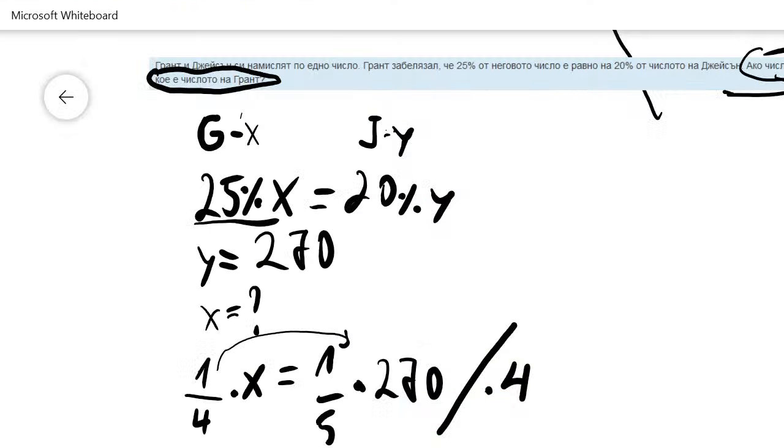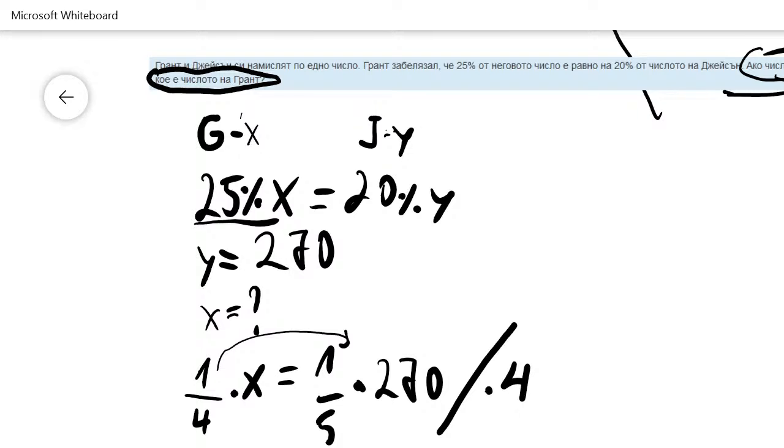Oops, how did I get here? It isn't possible. Oh, we don't make it like this. I'm just a very stupid person. We multiplied by 4, not by 1/4. So X is equal to 1/5 multiplied by 4 multiplied by 270.